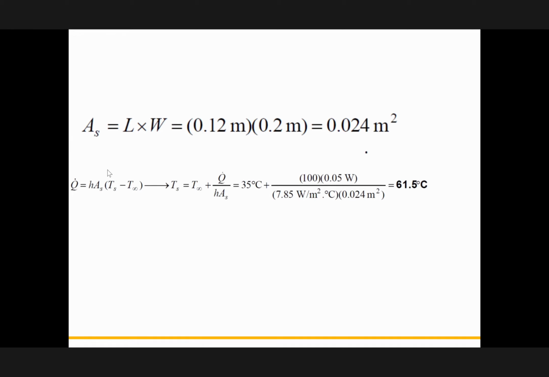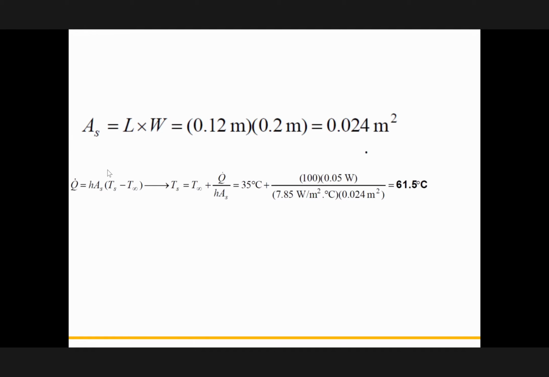Then what else should we do? This is for the natural convection. I do not know. I'm trying to find what we should do next. What should we do next?